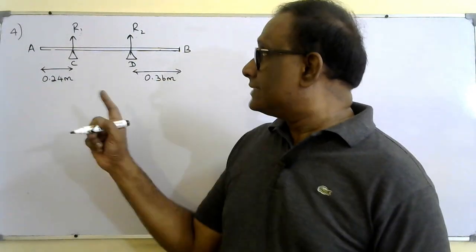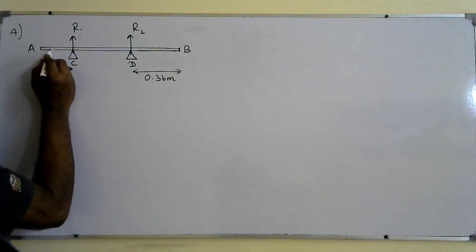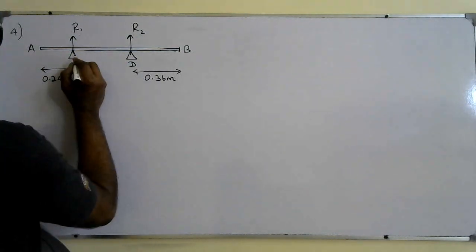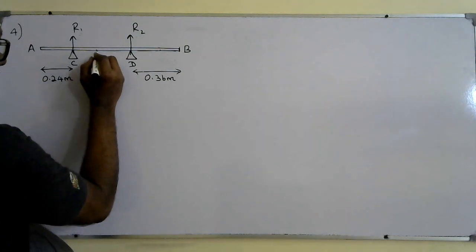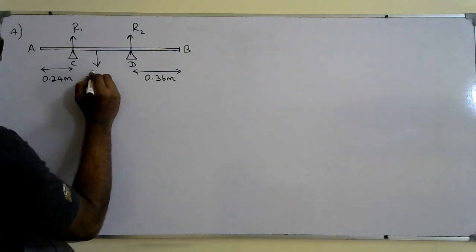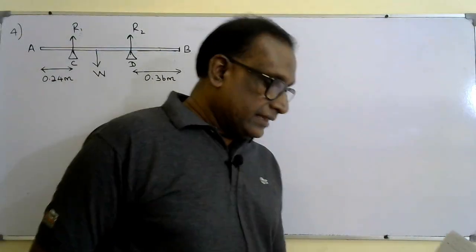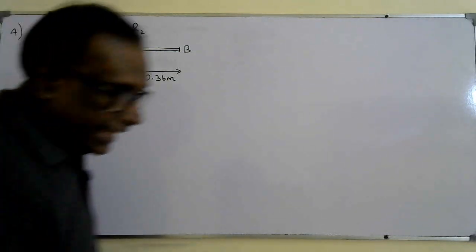Already I showed the center of mass cannot be between A and C. So the center of mass can't be between A and C, can't be between B and D, which means it should be somewhere between C and D. So W is acting somewhere here, but we don't know the distance. We can take the distance of W from C, let that distance be x.